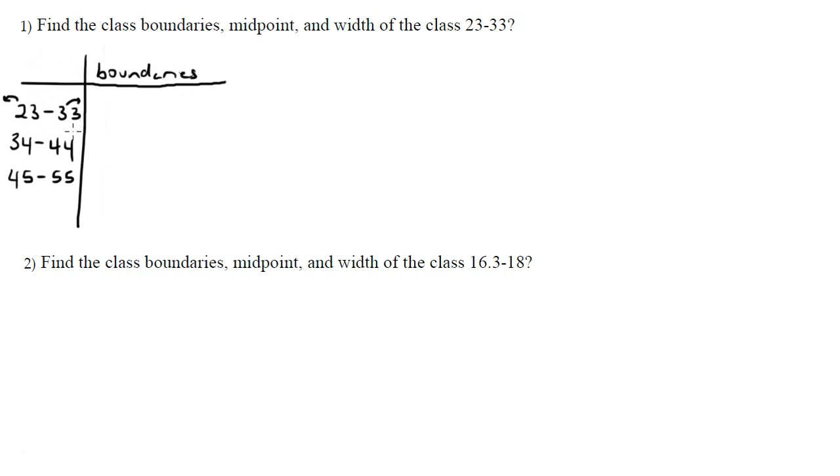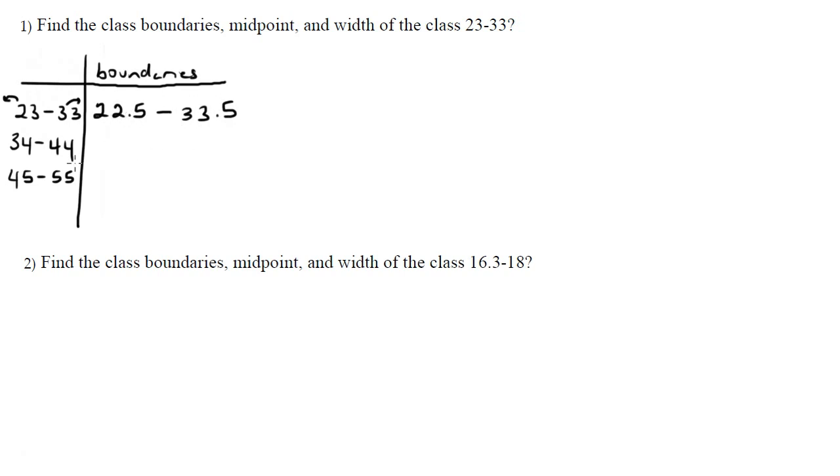So for the boundaries, for 23 to 33, if I subtract 0.5 from 23, I get 22.5. That's 23 minus 0.5. To get the upper boundary, I add 0.5 to 33, so 33.5. So that's my new boundary.